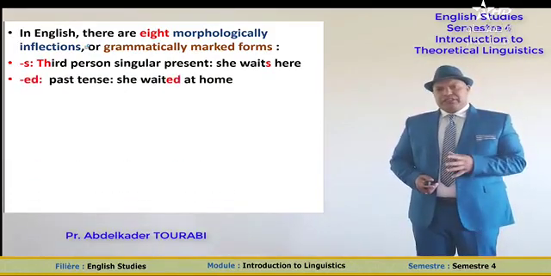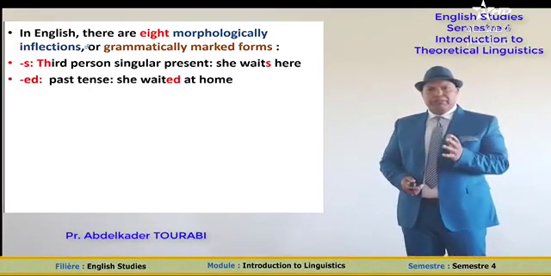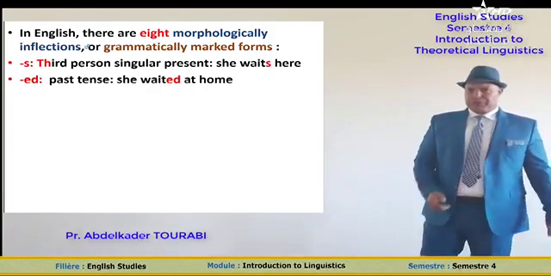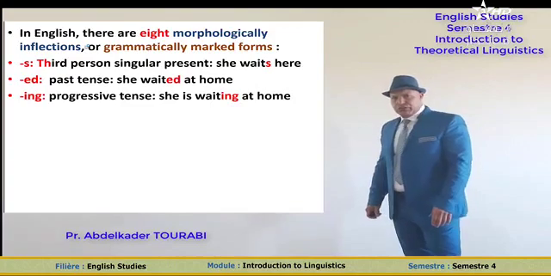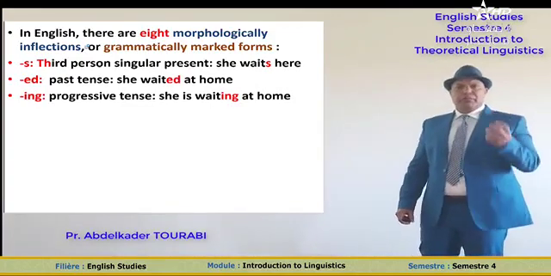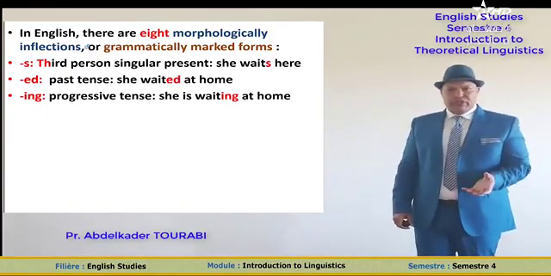Ed, past tense: she waited at home. So ed is the past tense morpheme of regular verbs in English. Ing form expresses the progressive tense, like she is waiting at home.